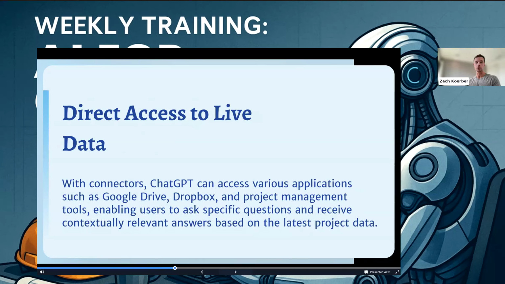With connectors, ChatGPT can access various applications like Google, Dropbox, and project management tools, enabling users to ask specific questions and receive contextually relevant answers based on the latest project data.